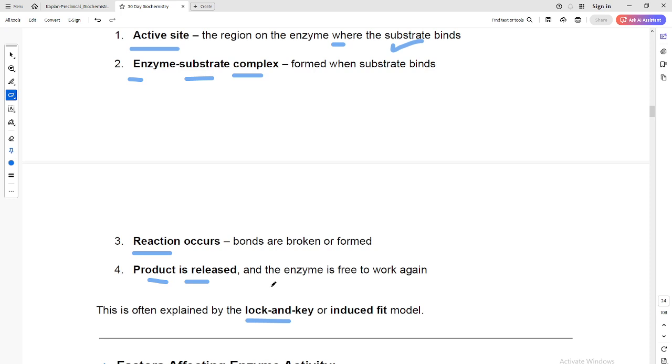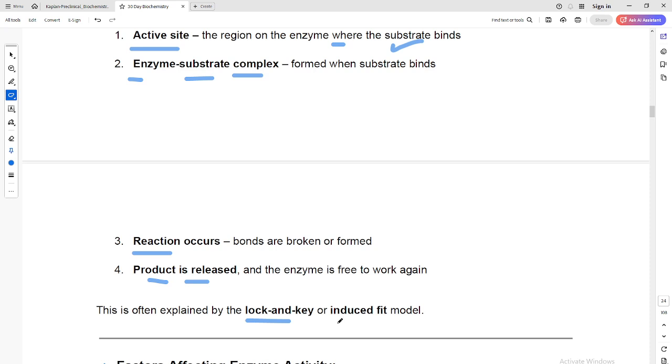This is explained due to the complementarity between the active site of this enzyme and the three-dimensional substrate.